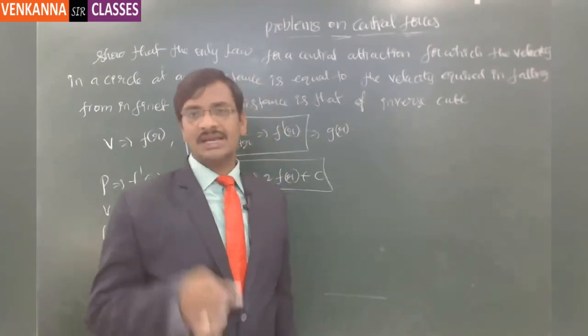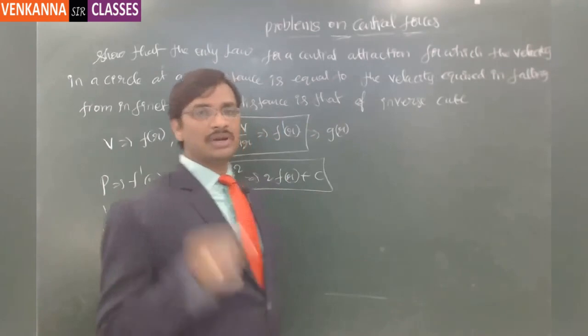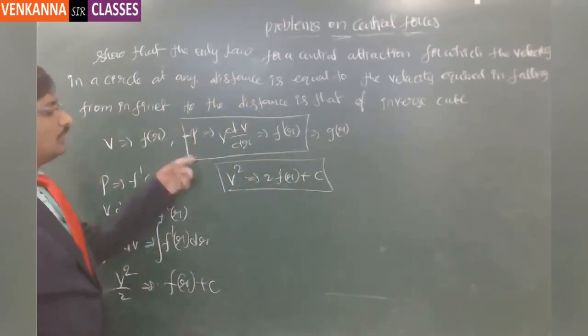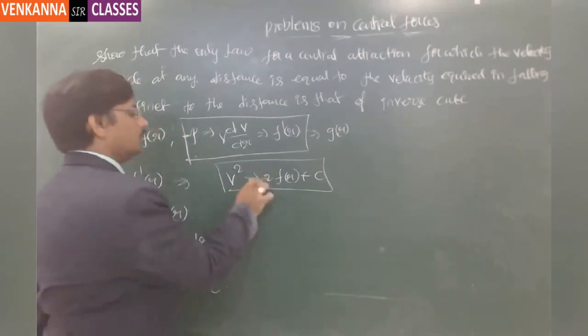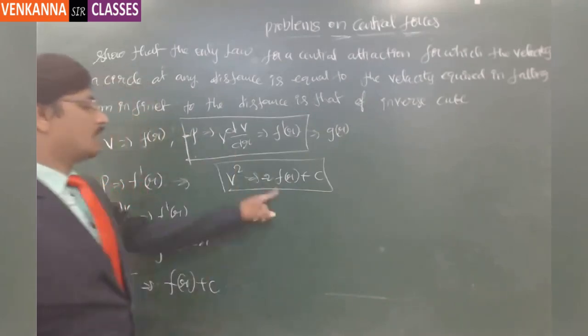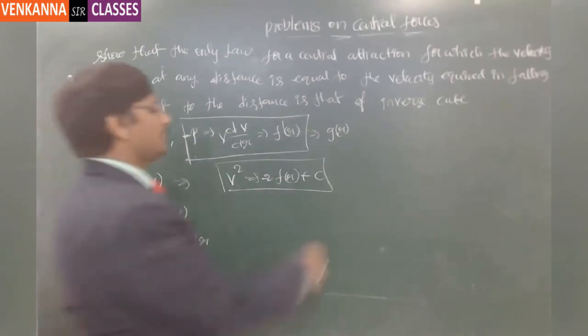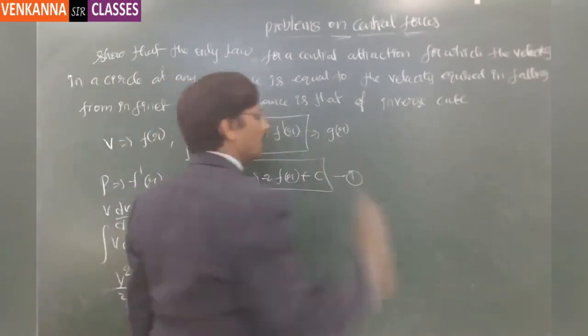If it is the decreasing direction of r, then you have to treat that acceleration as negative. This is the fundamental statement. So minus 2 times f of r plus c, and here also you can treat this as minus and minus. So minus of 2 times f of r. This is equation number 1.